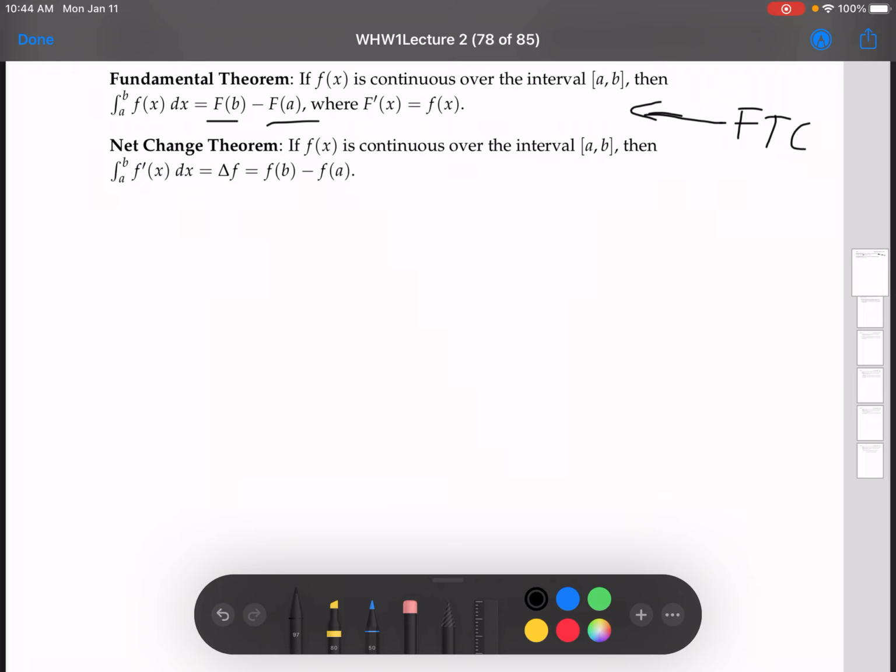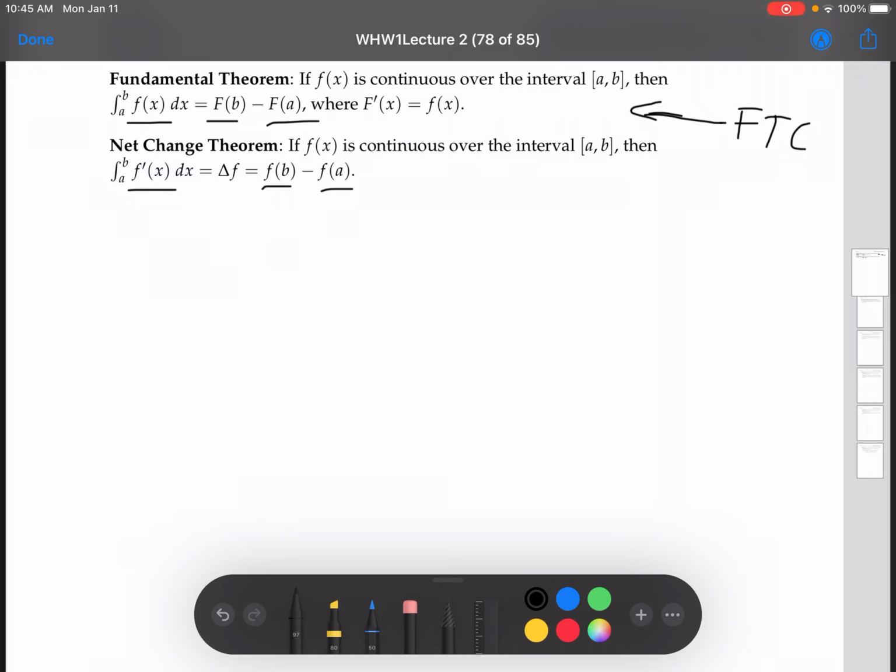Now, if instead of putting f of x here, our function under the integrand is f prime, then an antiderivative of f prime is f. So the net change theorem is really just the fundamental theorem of calculus.